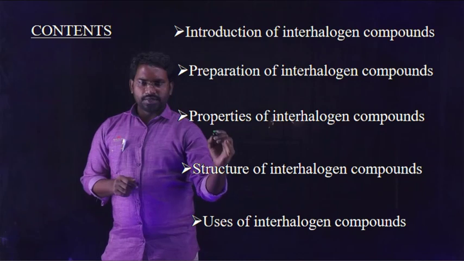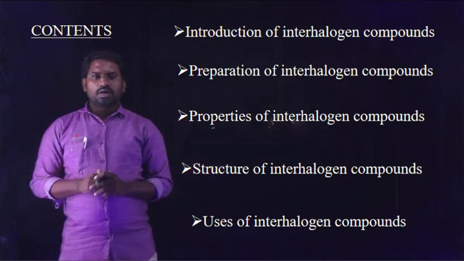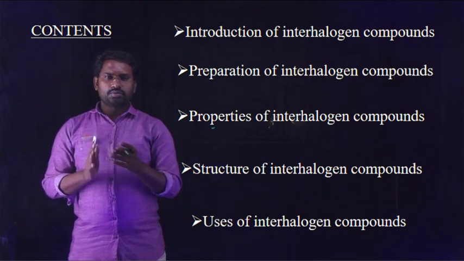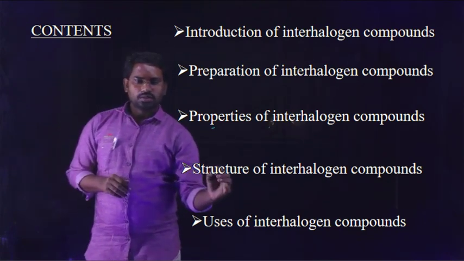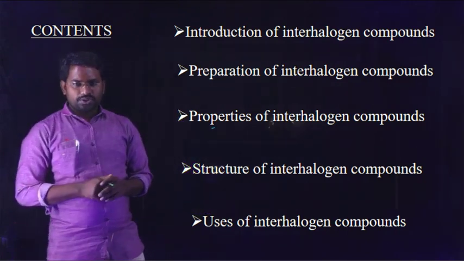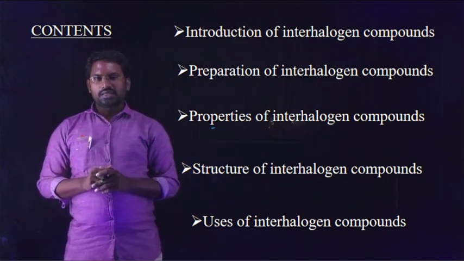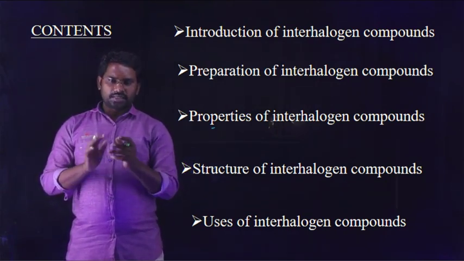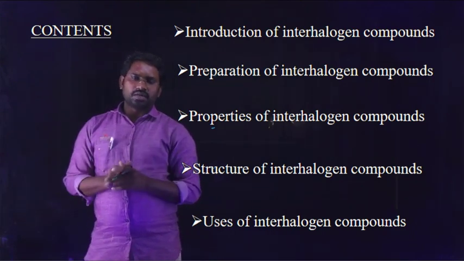Our third content is properties of interhalogen compounds. What are the main properties of interhalogen compounds? Next, the structure of interhalogen compounds. There are mainly four types of interhalogens: XX' type, XX3' type, XX5' type, and XX7' type.